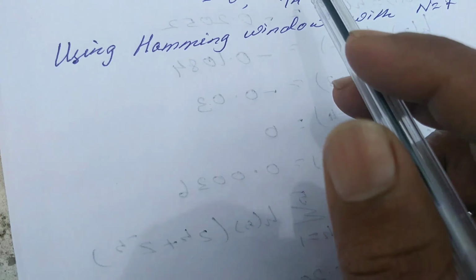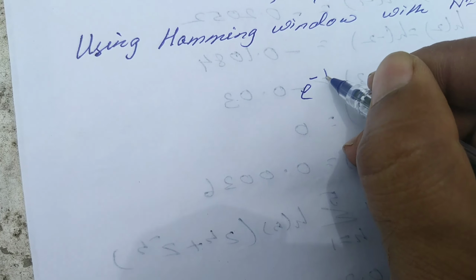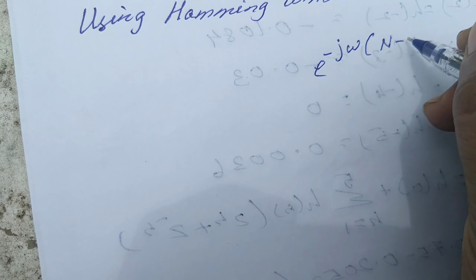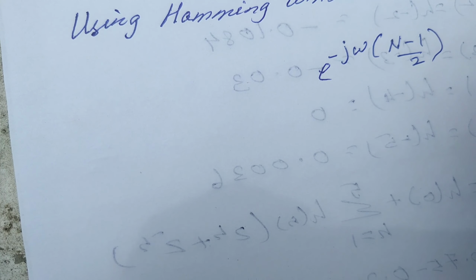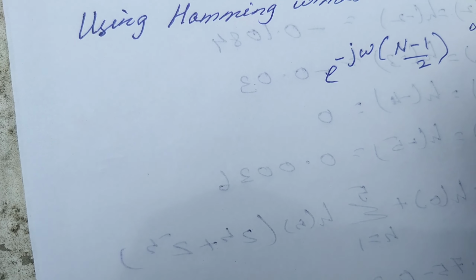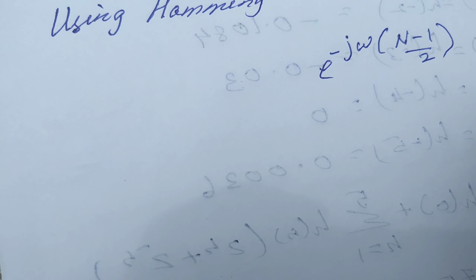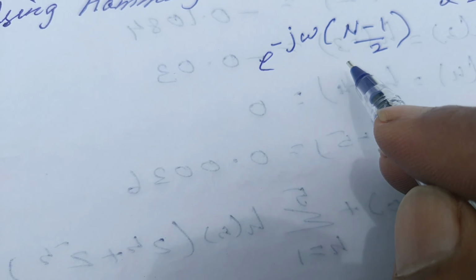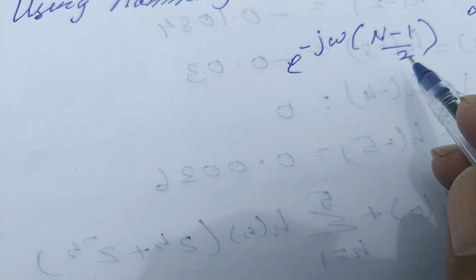That is similar to e power minus j omega into 3, where 3 is equal to (N minus 1) by 2, because our N value is 7. So our center of symmetry is given by (N minus 1) by 2, which is equal to 3. Therefore this e power minus j 3 omega is otherwise written as e power minus j omega (N minus 1) by 2.